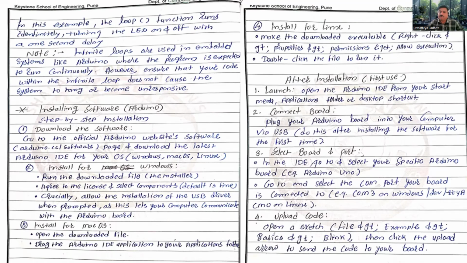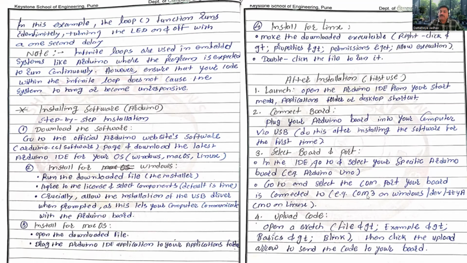Select the board and port. In the IDE, select your specific Arduino board, whatever type of Arduino it is, like Arduino Uno for example. Then select the COM port your board is connected to. For example, whenever you install and connect, a number of ports will be available.